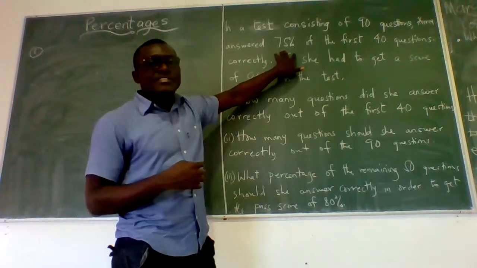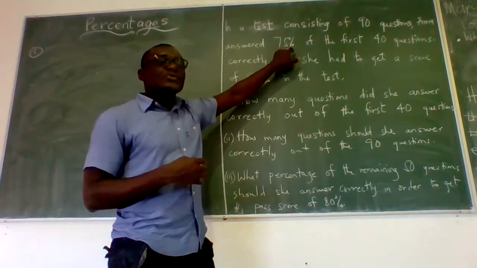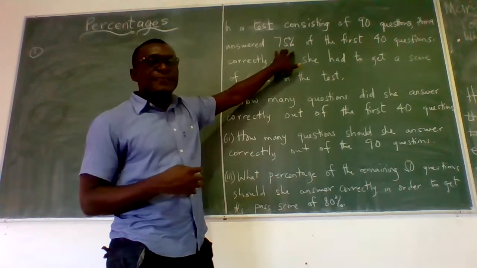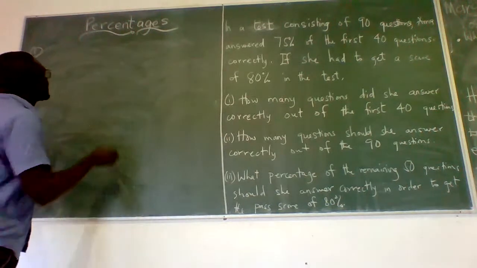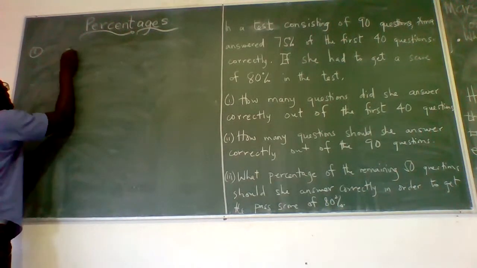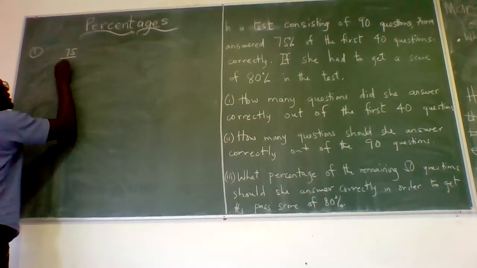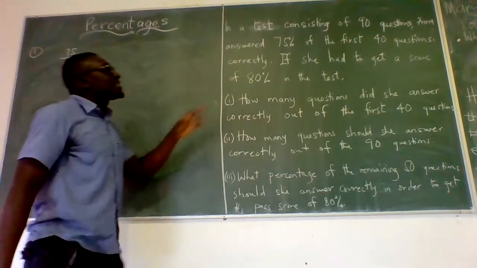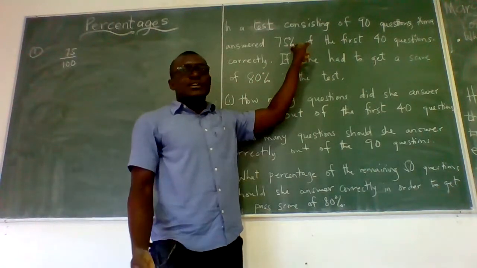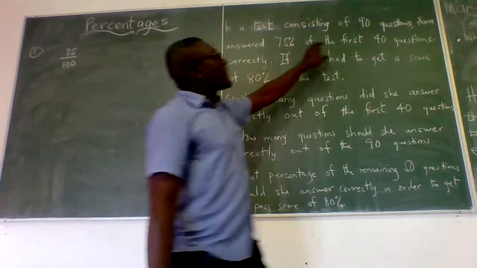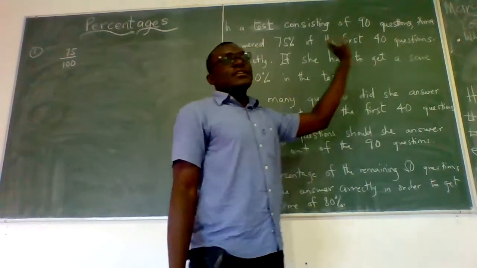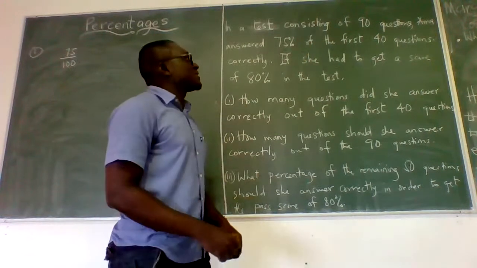So now that you have seen 75%, you would want to write it in the form of a fraction. 75% is simply 75 over 100, because percent here only means out of 100. So 75% of the first 40 questions.